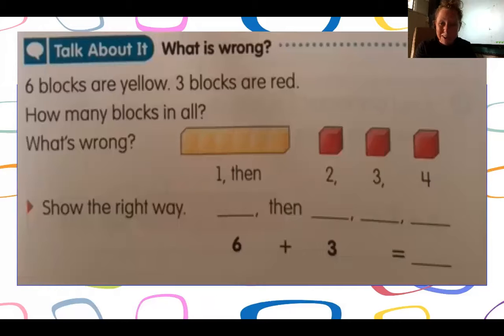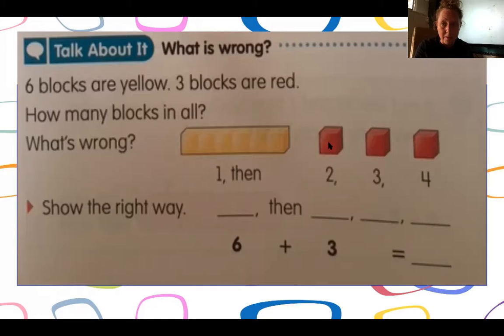So we're going to figure out what's wrong with this problem. Let me read the equation. 6 blocks are yellow. 3 blocks are red. How many blocks in all? It says, what's wrong? So let's look at the picture. I've got this group, and it's labeled 1.